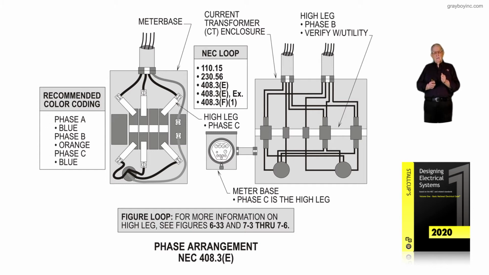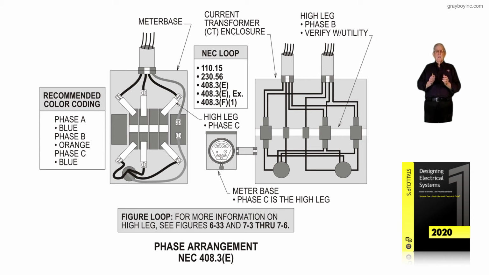Now, we reviewed in the previous figure, 7-3, that we would terminate that high leg to phase B or L2 when the grounded or neutral conductor was present. Now let's review the terminating area where we'd have to terminate which phase to which phase when metering is involved.